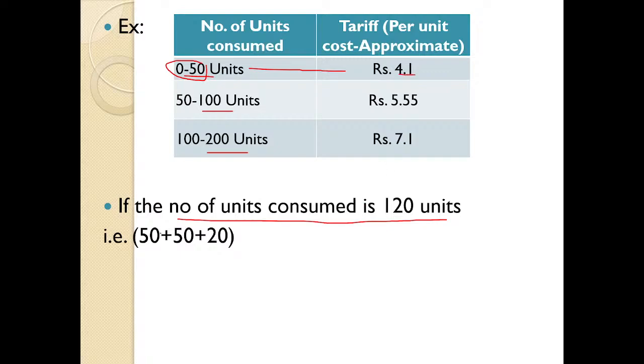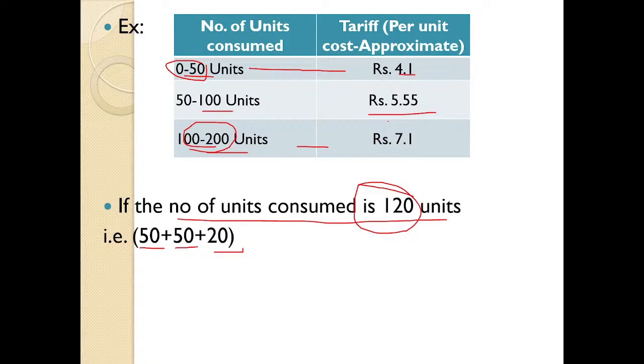So divide 120 into parts. 50 plus 50 is 100. For 100, what is the rate? 5.55. Next, the leftover is 20. So above 100, 120 lies between 100 and 200. What is the rate? 7.1. So divide 120 into 3 parts: 50 plus 50 plus 20.